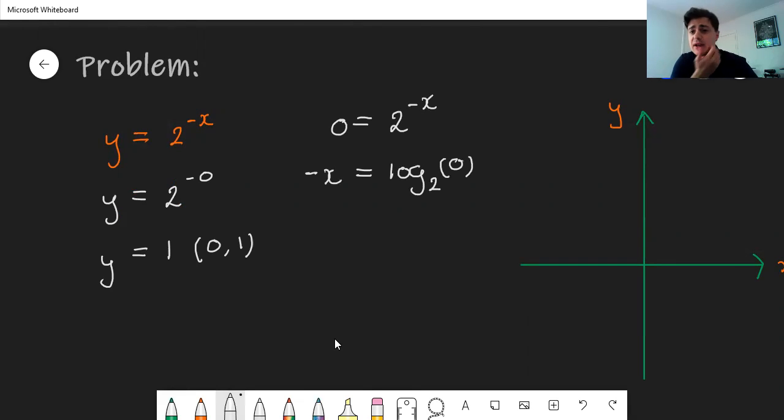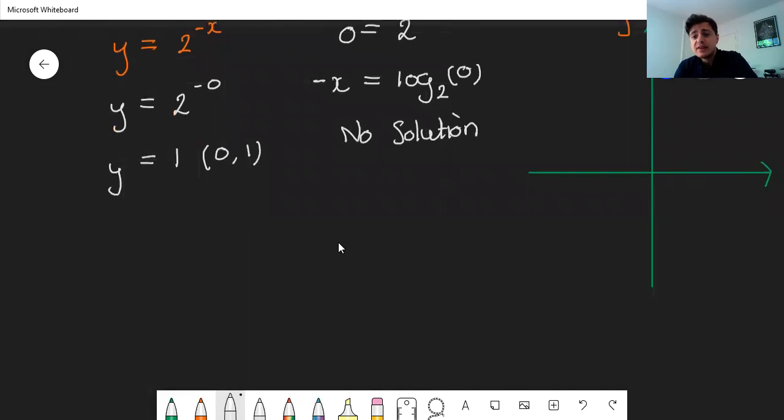The negative x doesn't make a difference. We're still taking the log of 0, which means there will not be a solution for this part. So again, try a different number to get another coordinate that we can join.